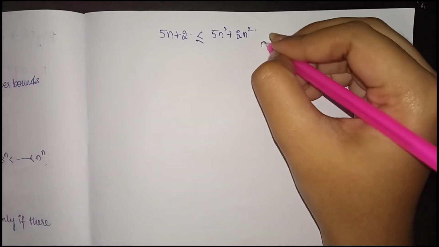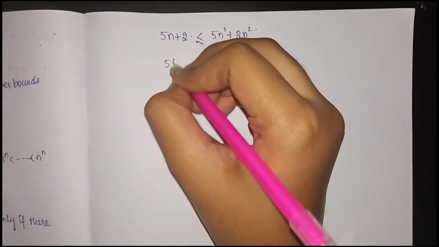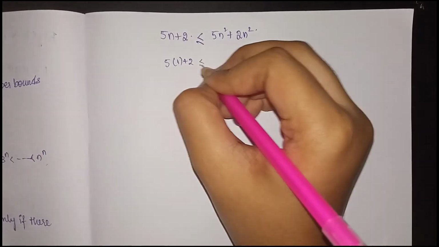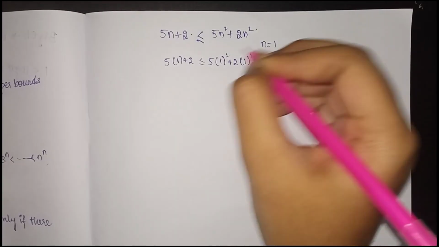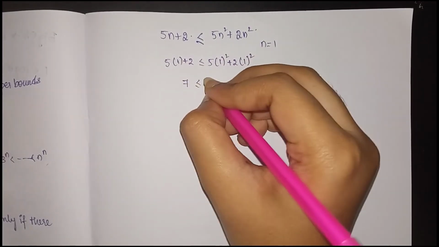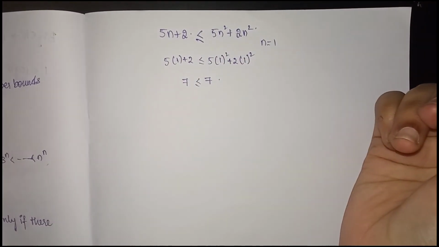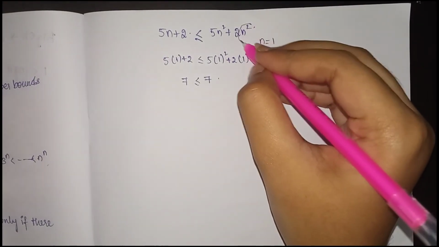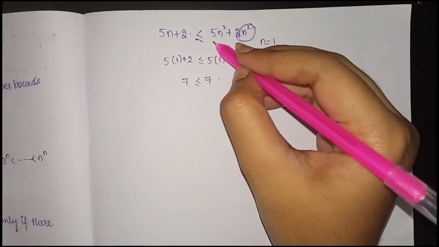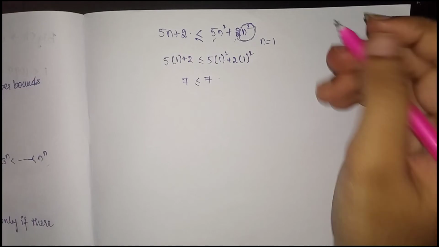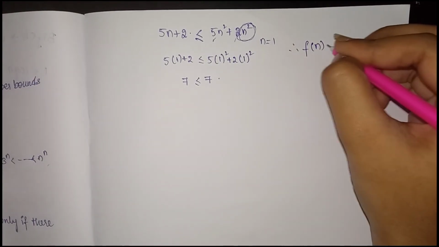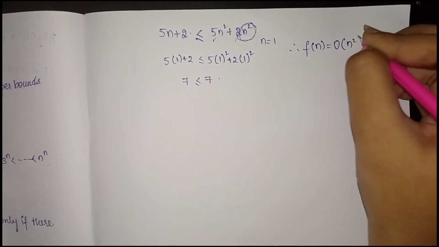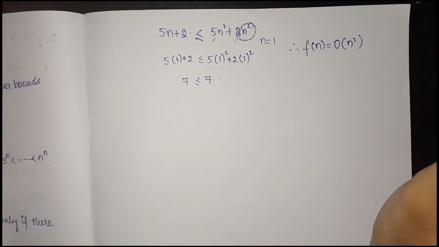Now if I take n is equal to 1, what will happen? 5 into 1 plus 2 less than or equal to 5 into 1 square plus 2 into 1 square, which means 7 is less than or equal to 7. Now here my n square is g of n, and 5 and 2 are constants, which means my f of n will be big O of n square. You need to have this point in mind.